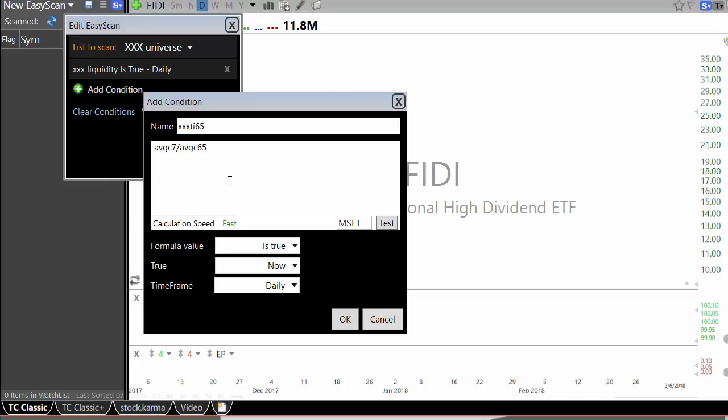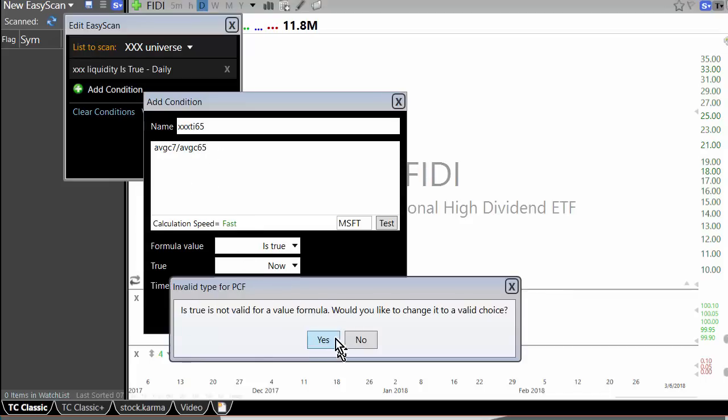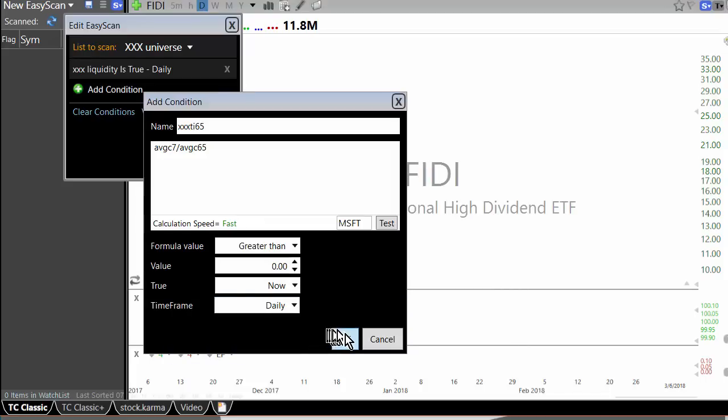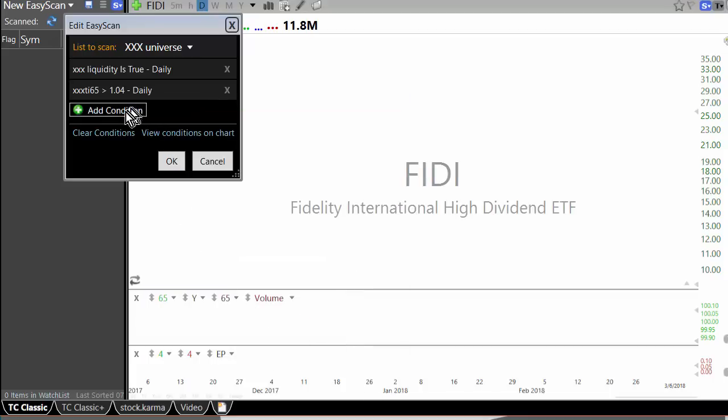When you try and save, it will say it is not a valid value symbol, would you like to change it to a value? No. So it will just save. Greater than 1.04. So you have this now, which is greater than 1.04.